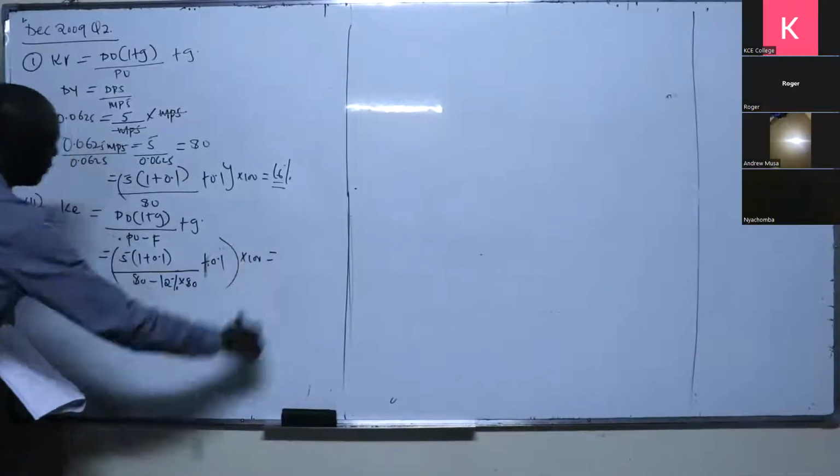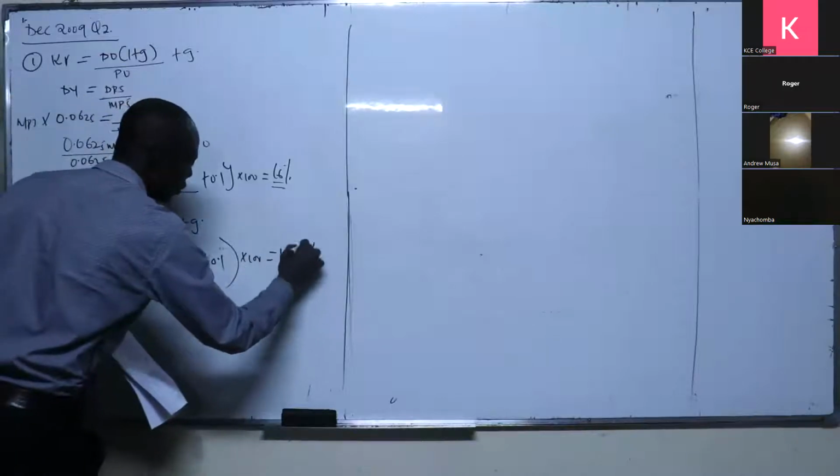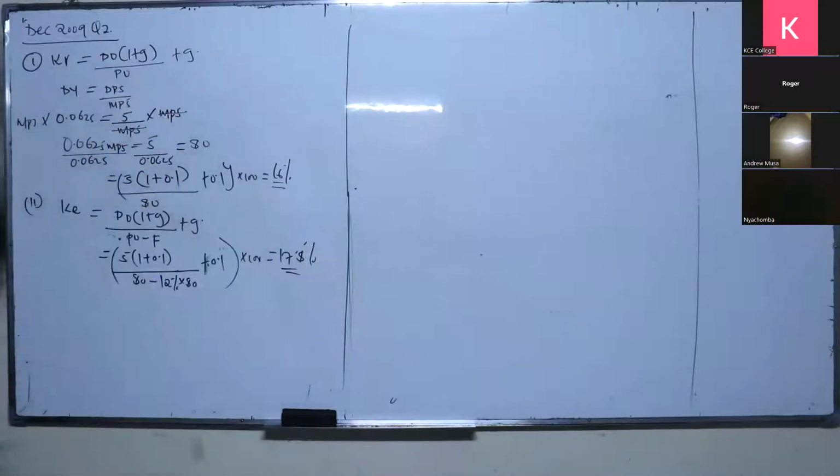So what do you get? 17 point something. So this one will always be more expensive than the other one. Are we together?